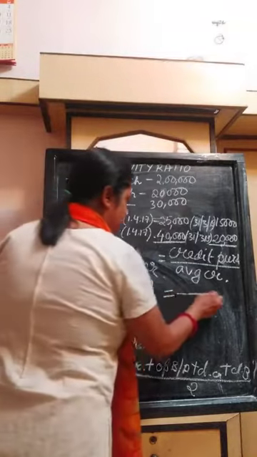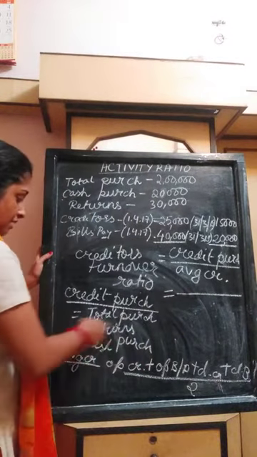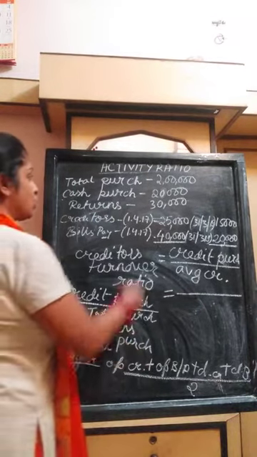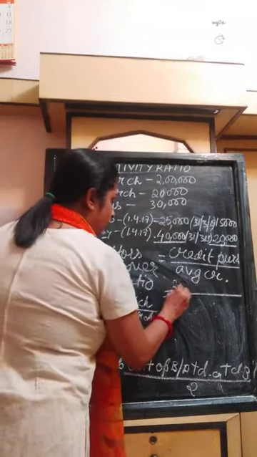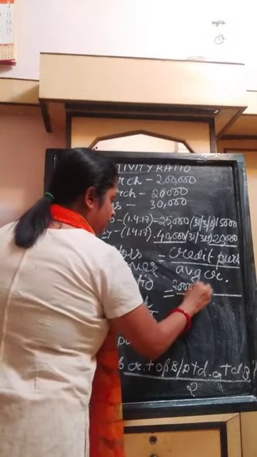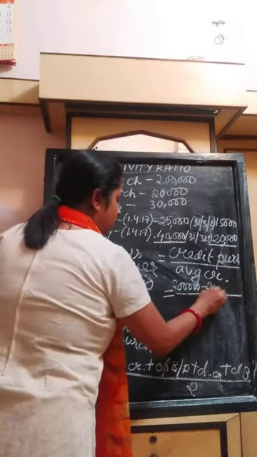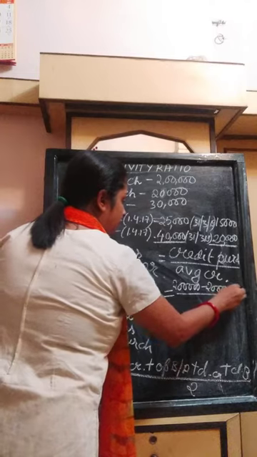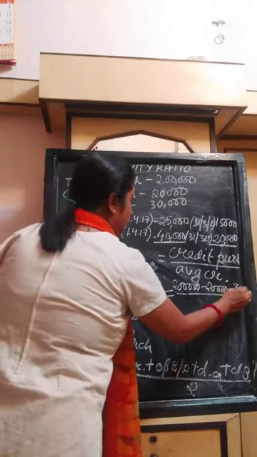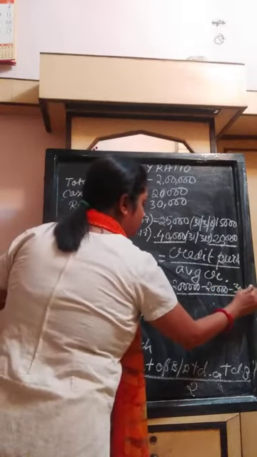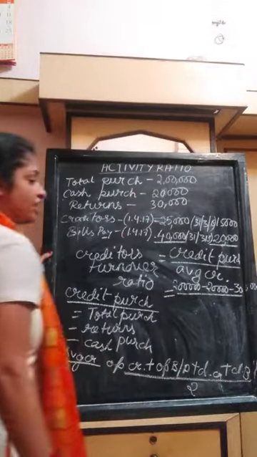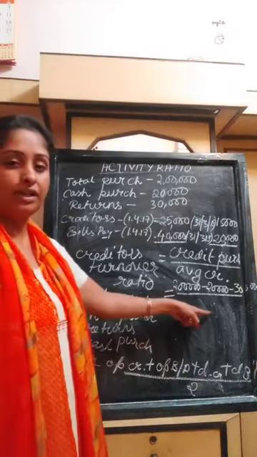Credit purchase means here total purchase minus return minus cash purchase. Total purchase was 2 lakh, so 2 lakh minus 20,000 minus 30,000. Total purchase minus cash purchase minus returns.